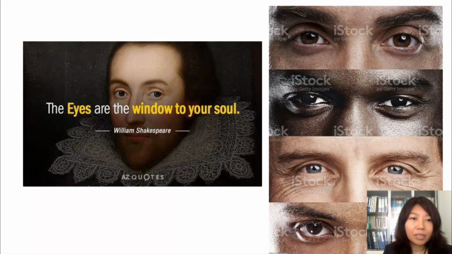At the same time, we should say that the eyes are the window to our soul. So we get more information from our eyes. For example, we can see if a person is happy or not from their eyes.